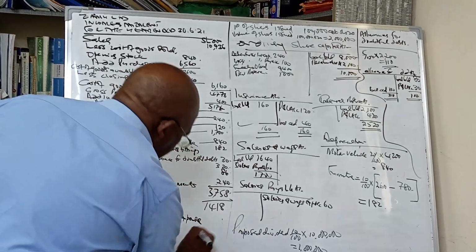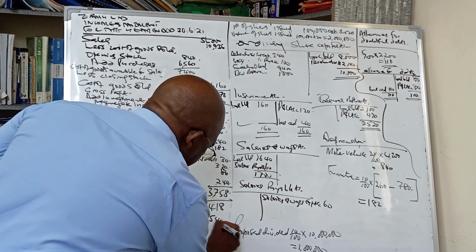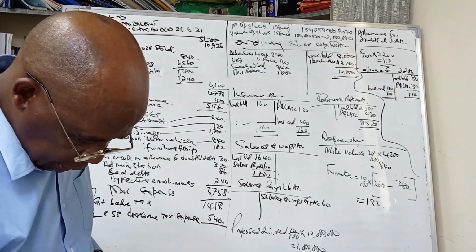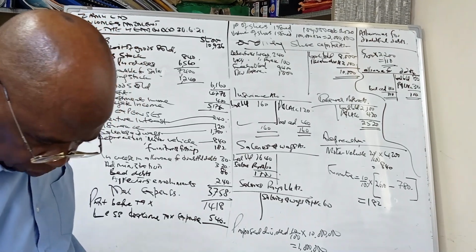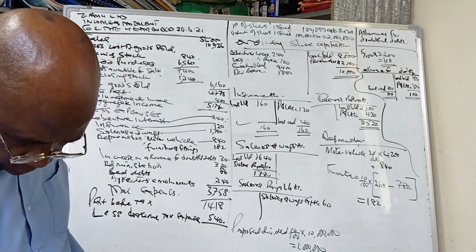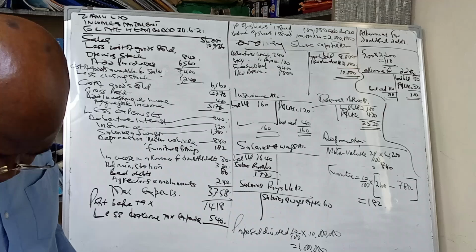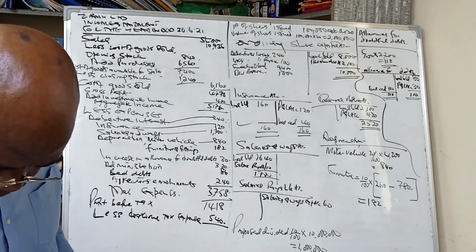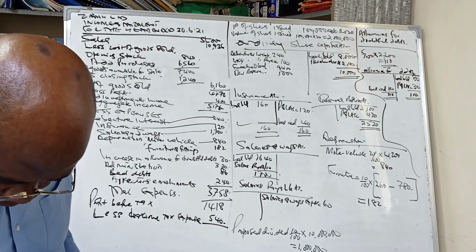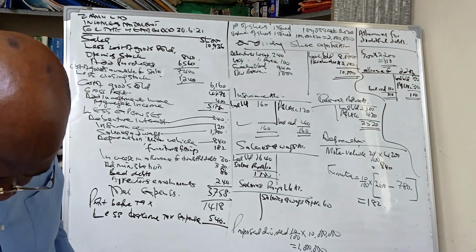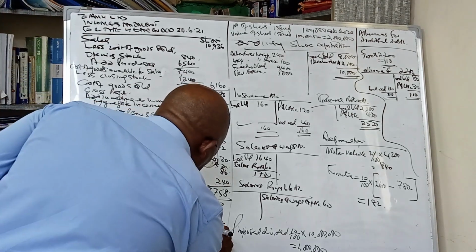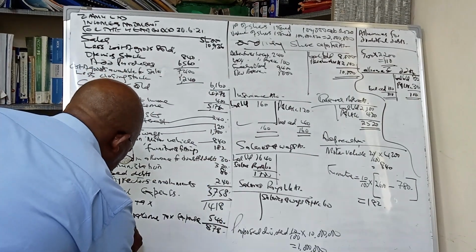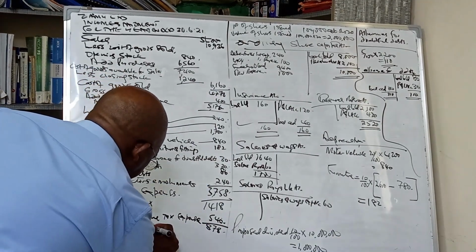We subtract 540. 1418 minus 540, we get a figure of 878 as profit after tax.